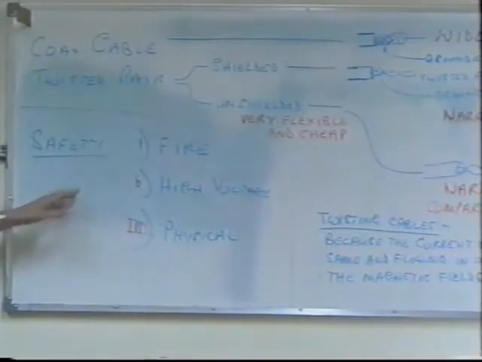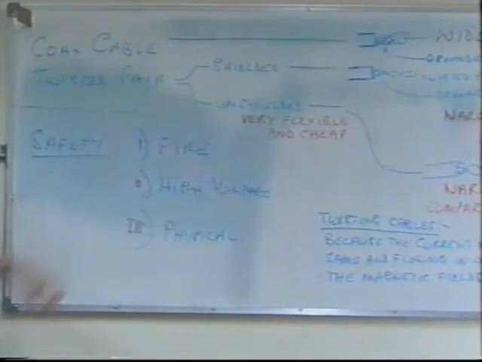The other type of safety thing that we need to concern ourselves with is high voltages, and essentially the practical precautions here. First of all, where do you find high voltages in your work as a technician? Which places would you look for high voltages? Yes, if you were to deal with anything to do with the mains, it's fairly high.